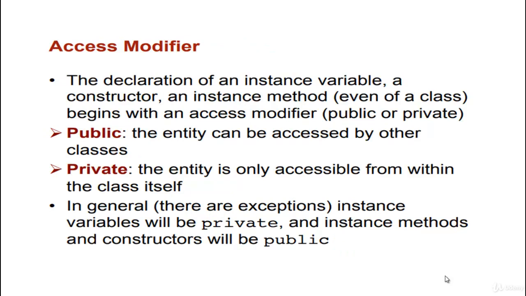Access modifier: the declaration of an instance variable, a constructor, an instance method, or even a class begins with the access modifier, public or private. Public means the entity can be accessed by other classes.